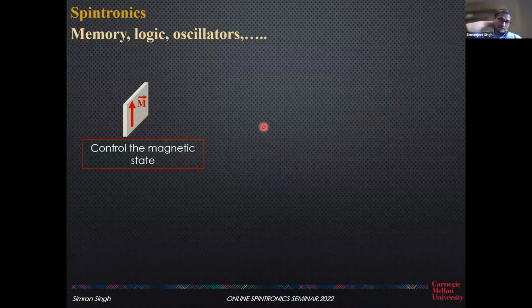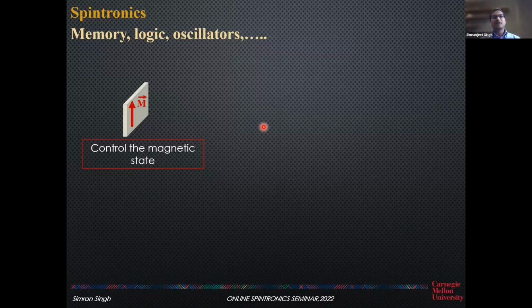I don't think we need any introduction here, but if you think about the field of spintronics, a lot of conceived device applications, such as ultrafast magnetic memory devices, or neuromorphic computing, or oscillators emitting electromagnetic radiation at frequencies which are not otherwise possible, they all rely on a simple fact: manipulating or controlling the magnetic order in ferromagnetic or antiferromagnetic systems.